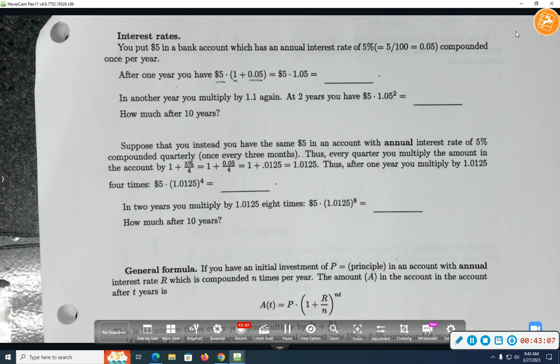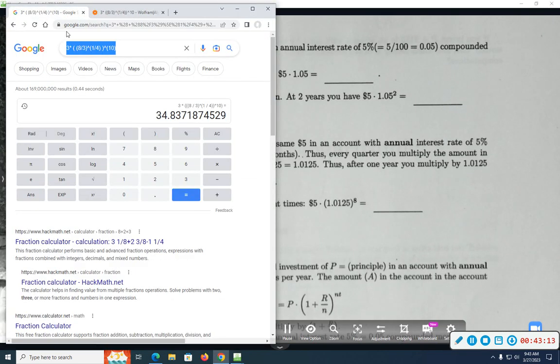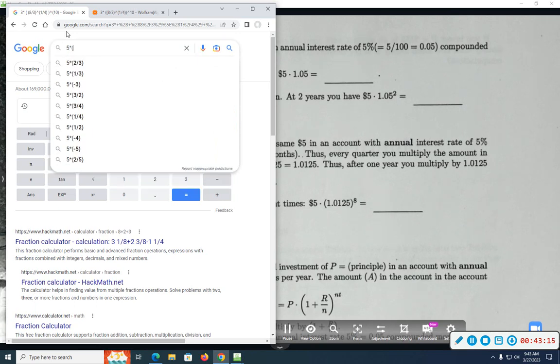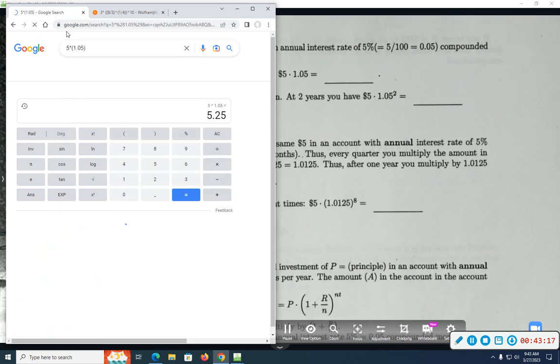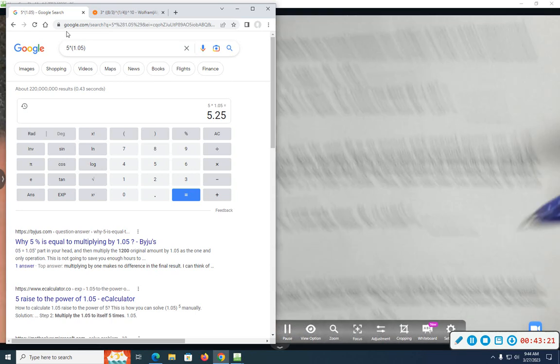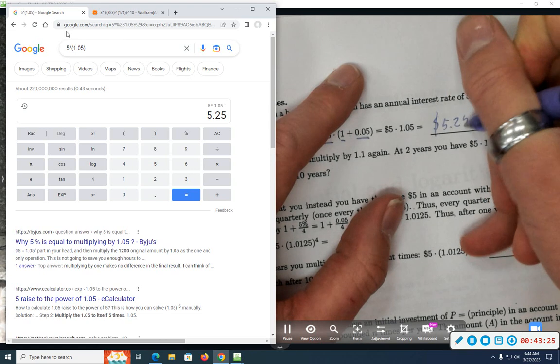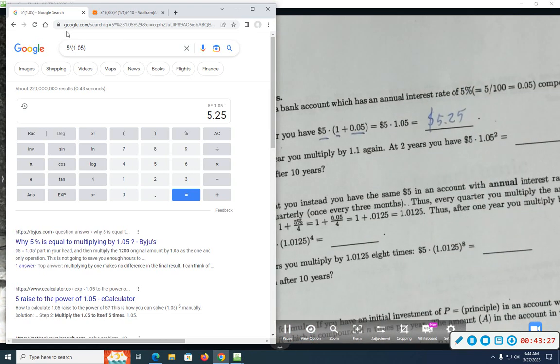Okay, I guess I have to do lots of calculatory stuff on this page anyway. 5 multiplied by 1.05, 5 1/4. Money sign 5.25. The dollar sign is supposed to go before the dollar amount, right? Not after? Yes. Okay. Nice.